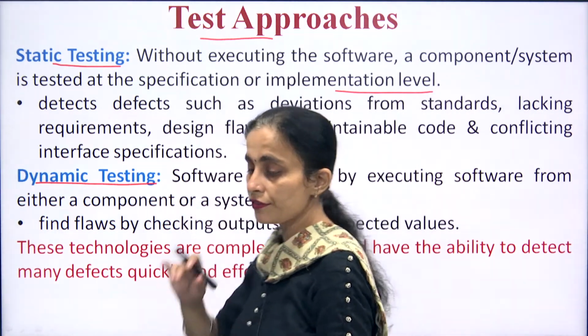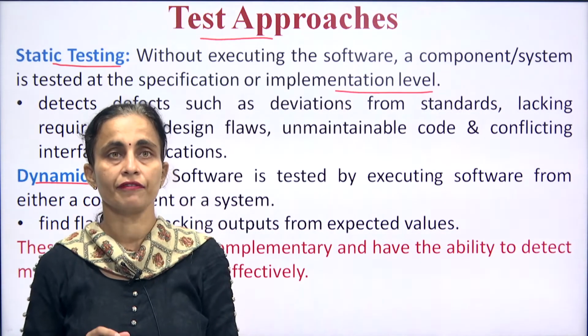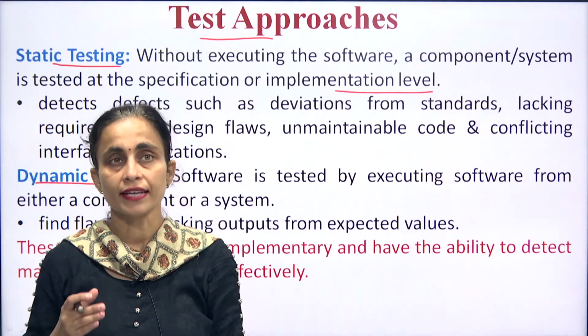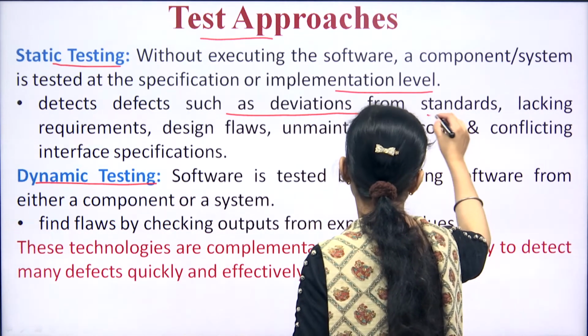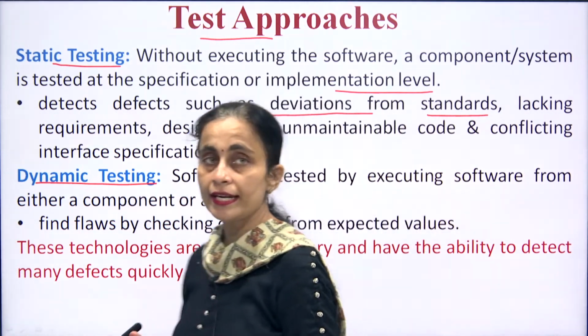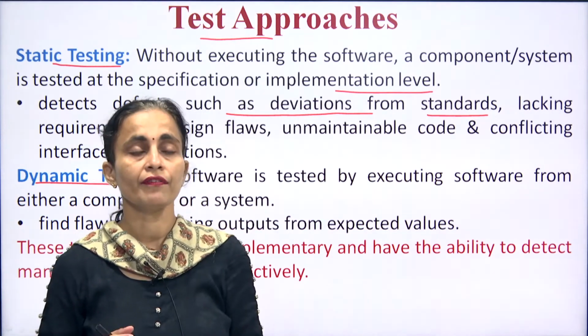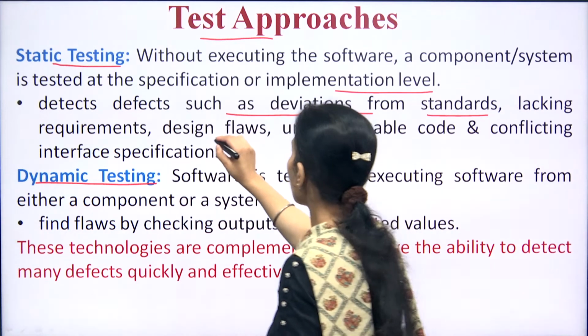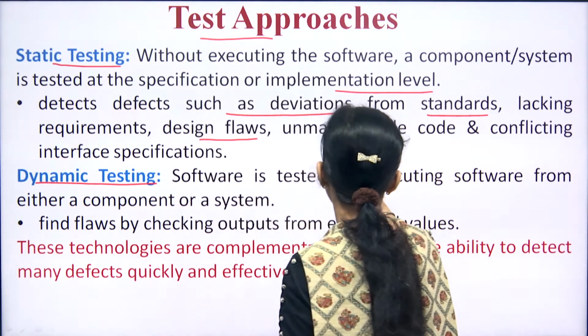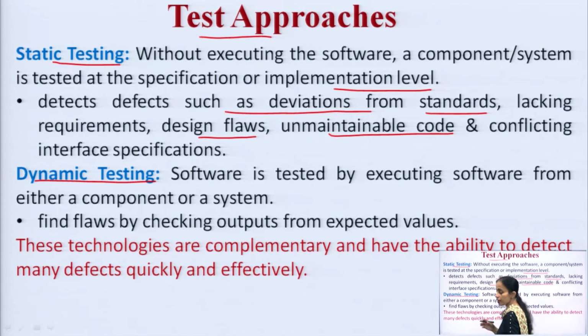This kind of testing detects defects, that means it detects where the deviations from the standards are, so we come to know where we are lacking. It will tell us the lacking requirements, the flaws in design, how my code is unmaintainable, and where it conflicts with the interface specifications.